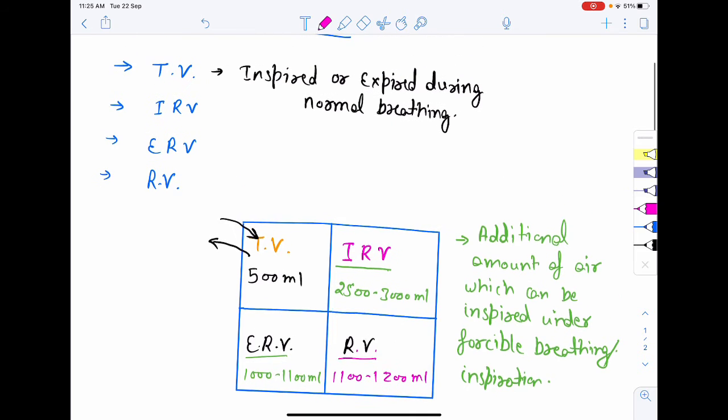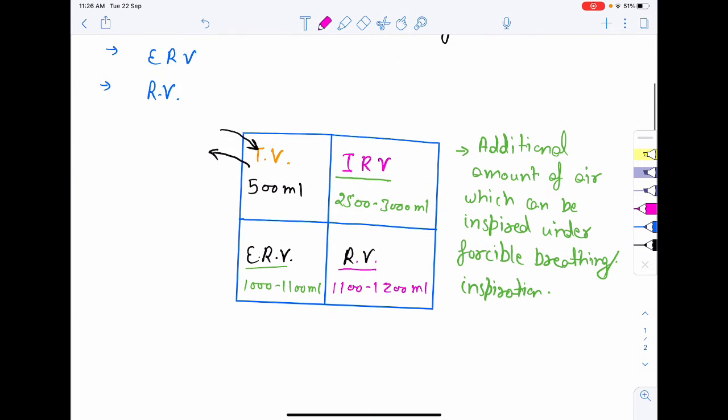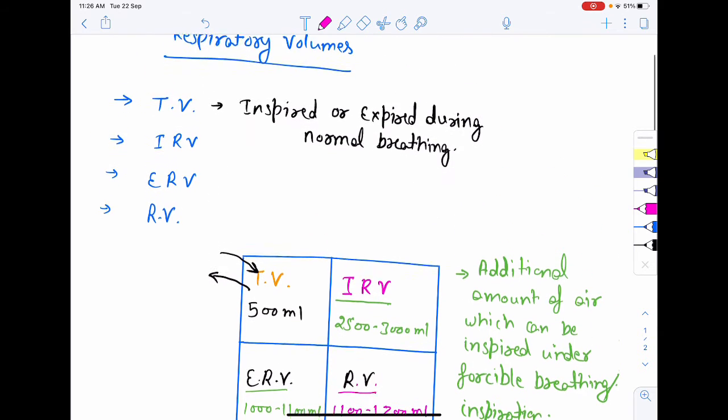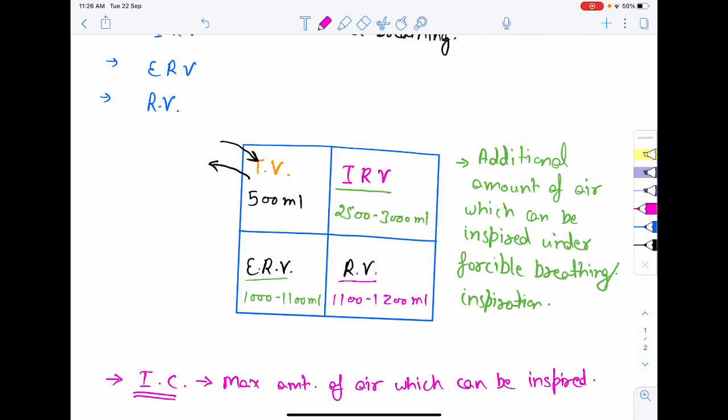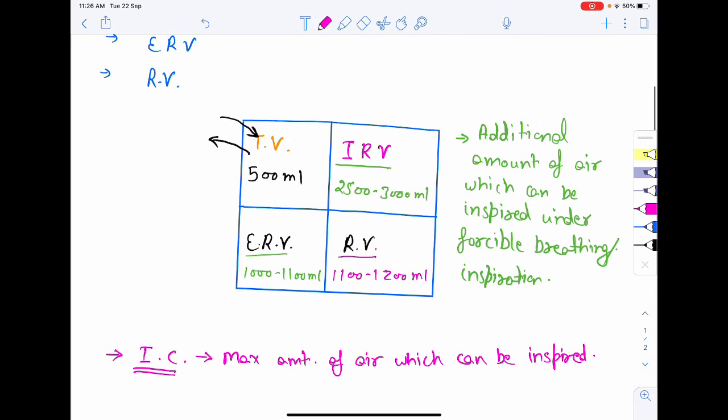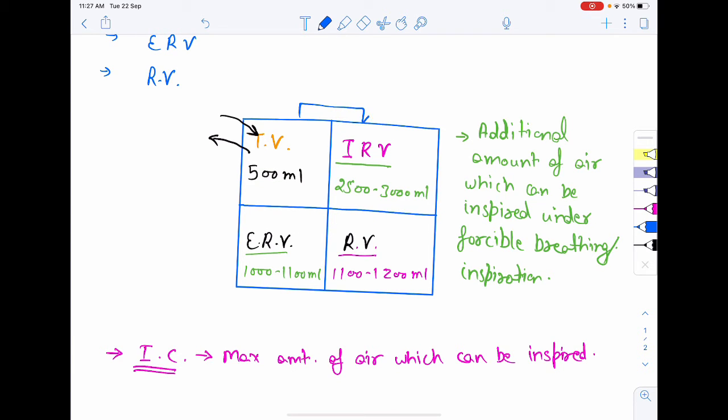So the next part is how you will calculate respiratory capacities. It's very easy, and it's easier when you study from this square. Okay, so the first capacity is inspiratory capacity. What is inspiratory capacity? It's the maximum amount of air which can be inspired. So how will you calculate it? Just add these two values, tidal volume plus inspiratory reserve volume.